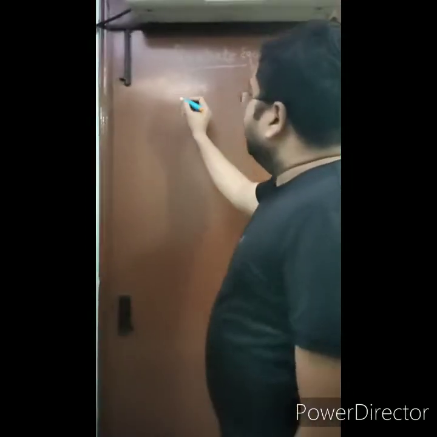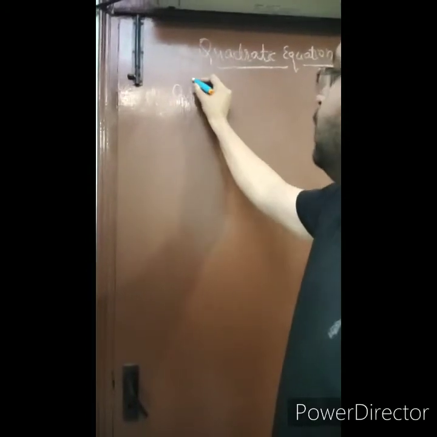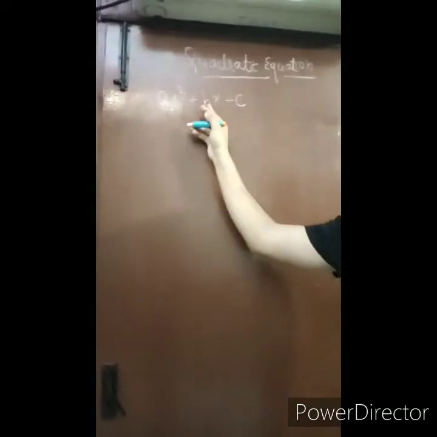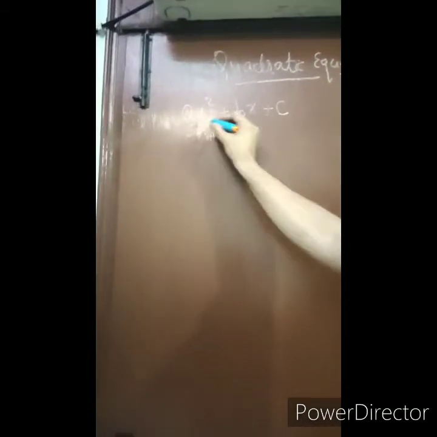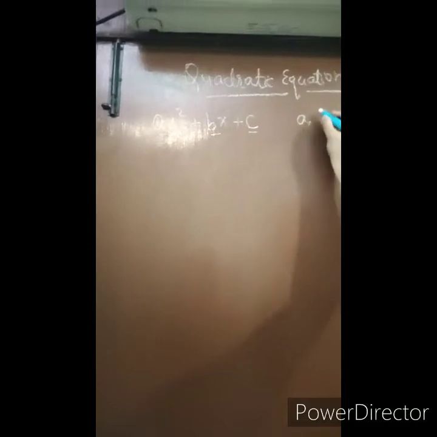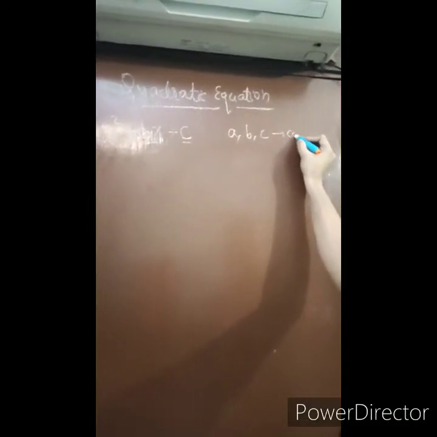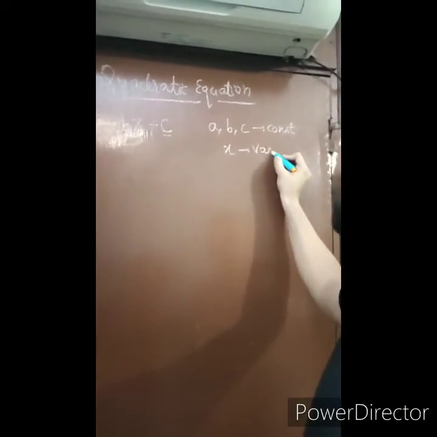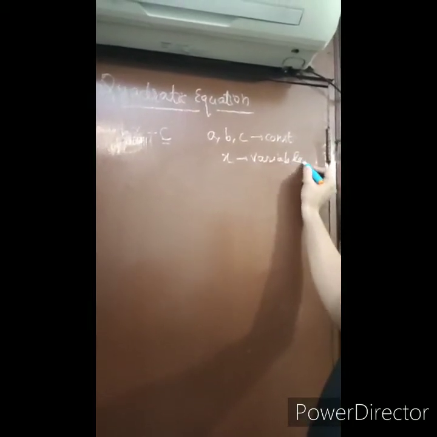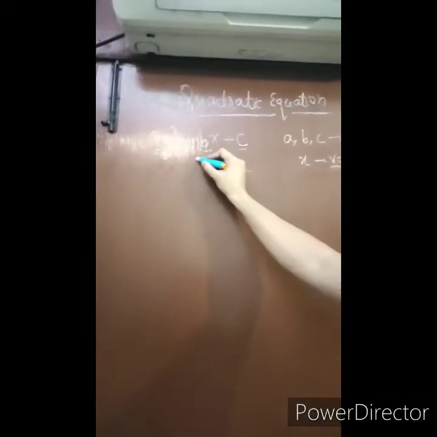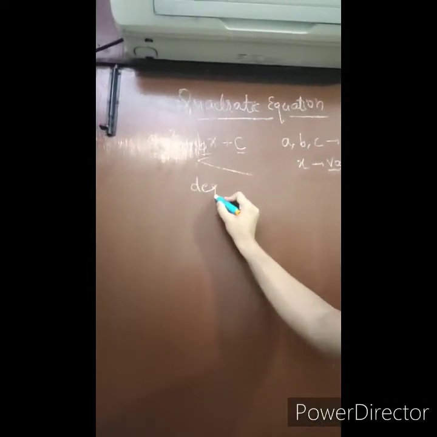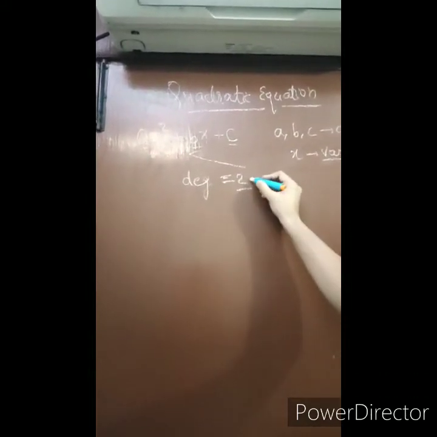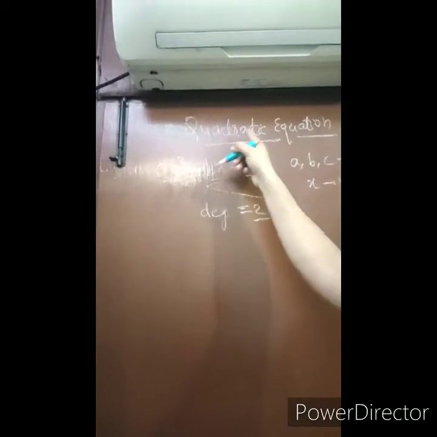Like if we write ax square plus bx plus c, here a, b and c, these three terms are constants, and x is the variable, and the degree of the variable in this term is 2. So the polynomial whose degree is 2 is known as a quadratic polynomial.